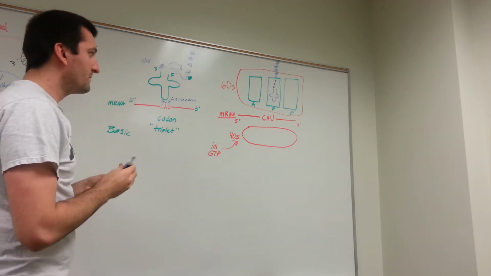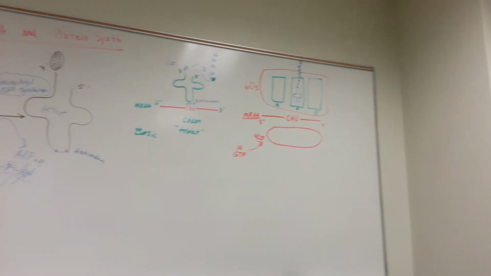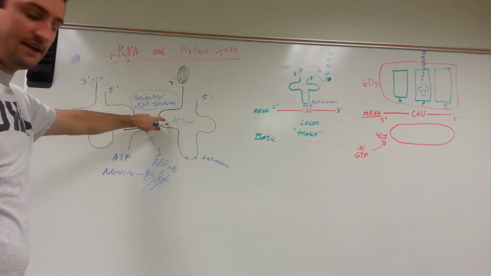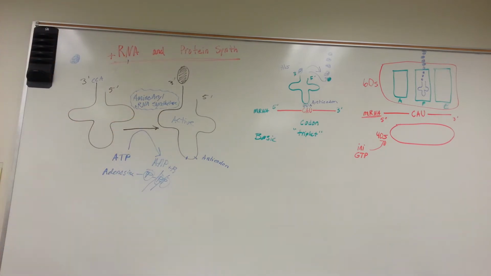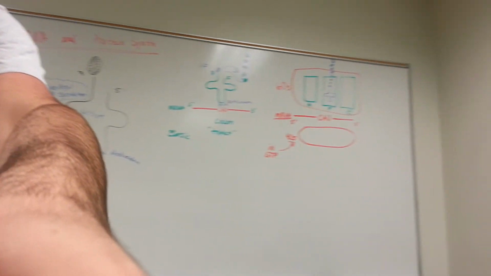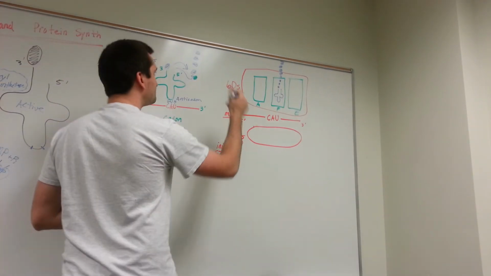So what we're going to do is pretend we just activated a tRNA, and it's going to come along, and now it's in the CAU sequence. We've got a CAU sequence.